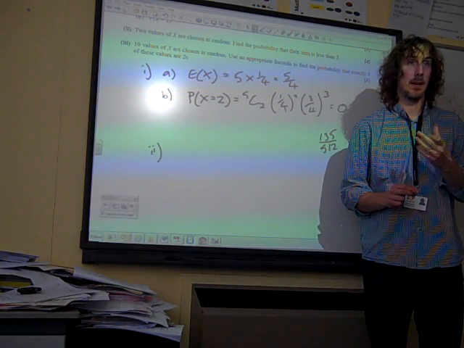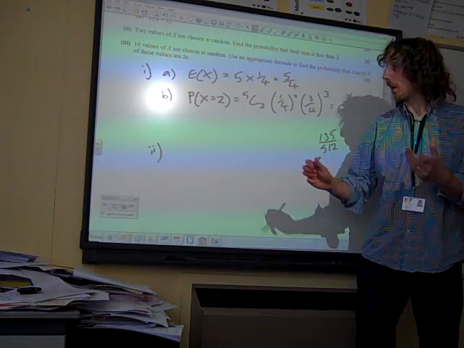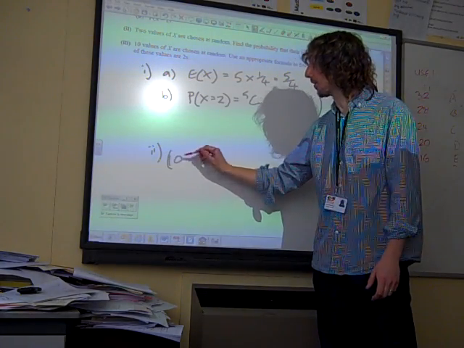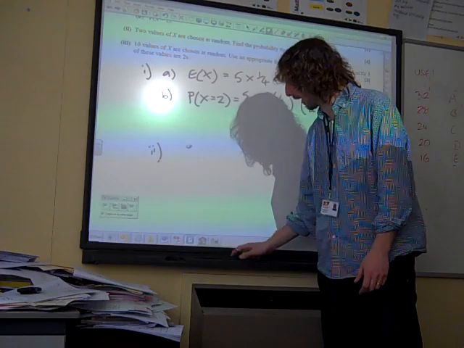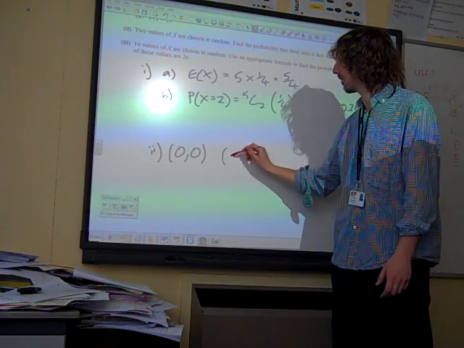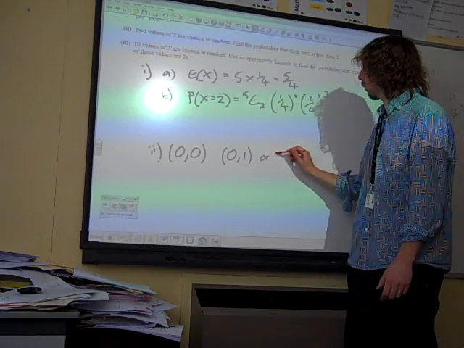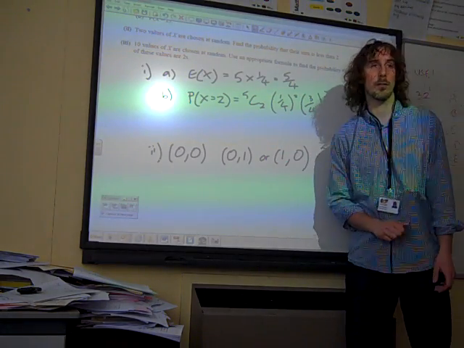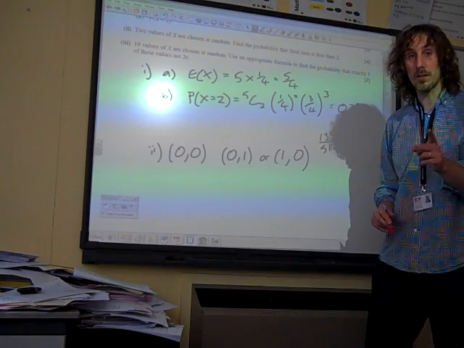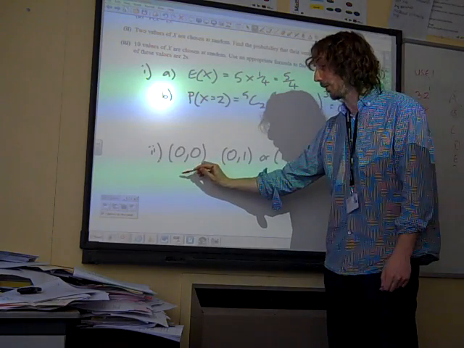It could happen in either of the orders. So we've got to work out the probability. These are the 3 ways that we can get a sum less than 2. Hopefully we'll notice something about this in a moment as we work this out.